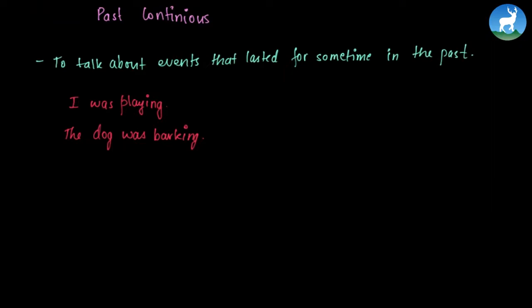Also, the past continuous tense is used when one action is interrupted by another in the past. So we are talking about the past. Hence, everything is in the past. We are talking about something that has already happened. But in the past, when one action was interrupted by another action, we link those two events in the past and use past continuous tense.